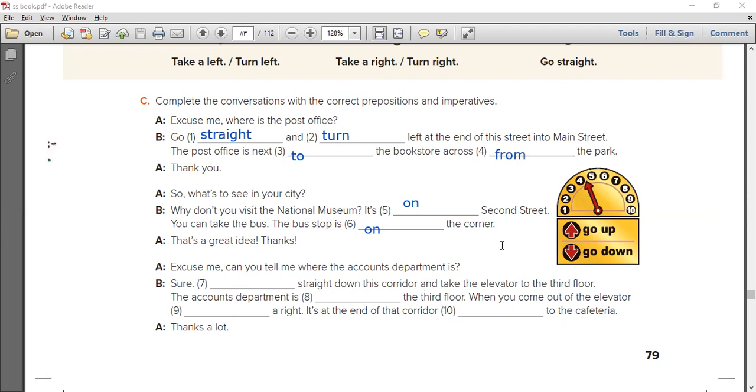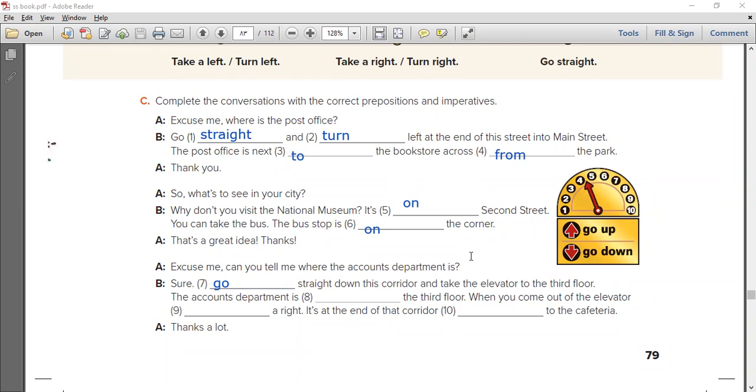Sure. And then, Ghada? Go straight. Very good. Go straight down this corridor and take the elevator to the 3rd floor. The accounts department is the 3rd floor. What about the rest?